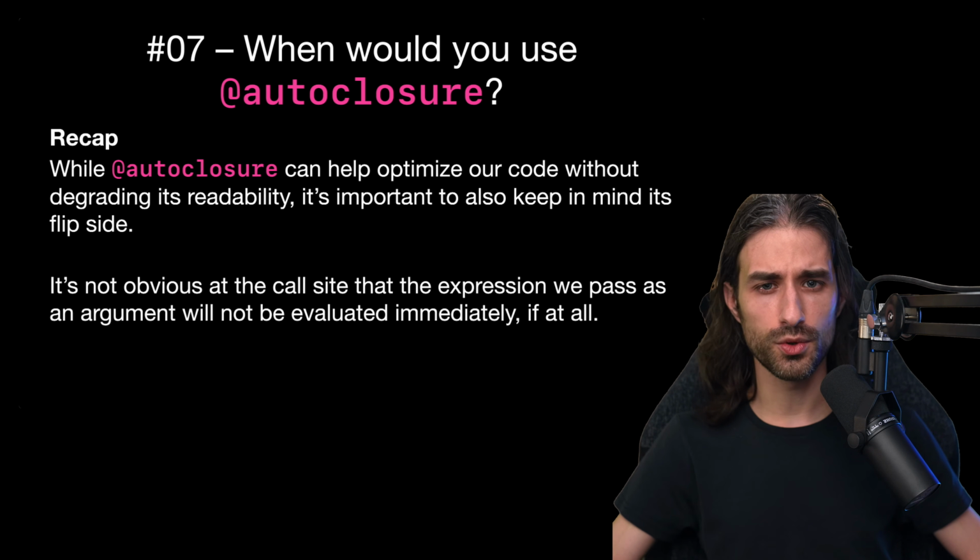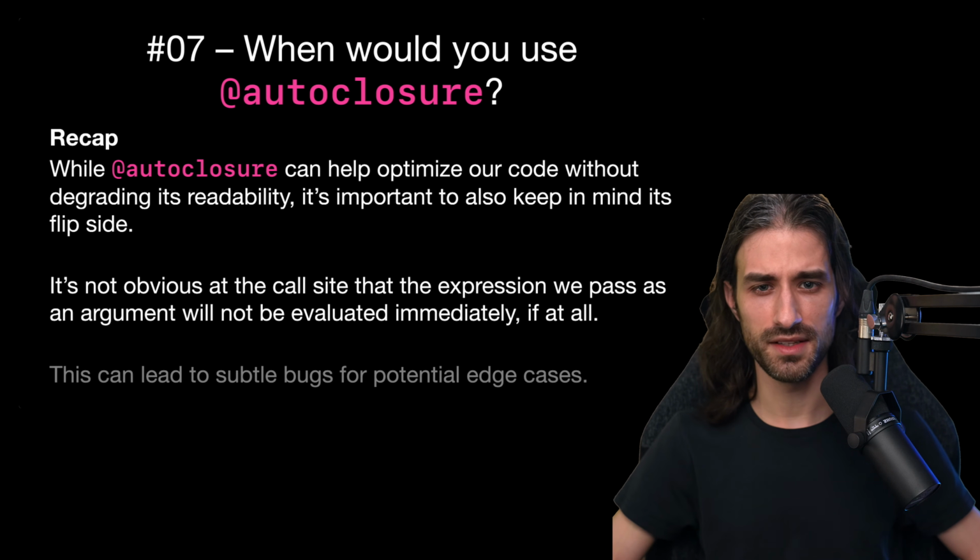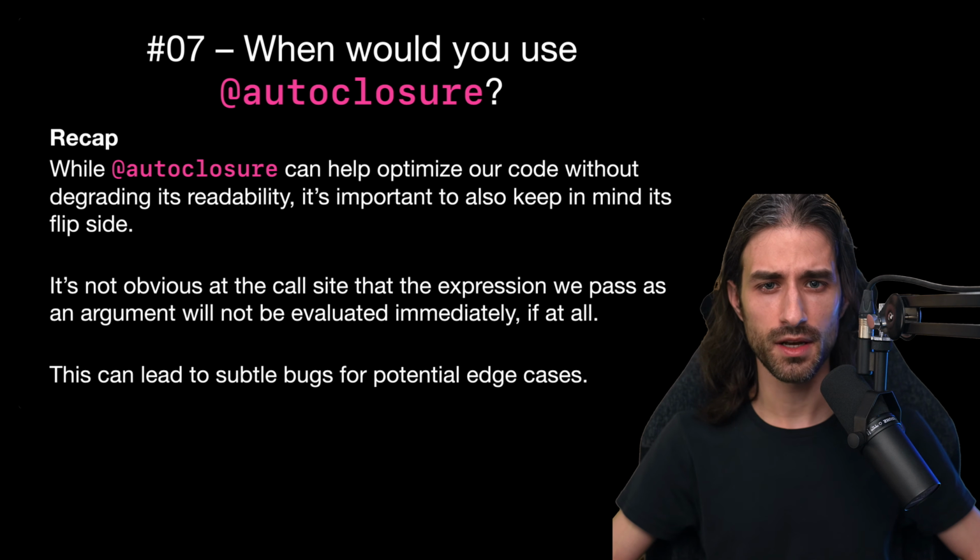In the case of AutoClosure, it's not obvious at the call site that the expression will be wrapped inside a closure, and so will not be evaluated immediately, if at all. And it's important to keep this in mind because it could lead to subtle bugs in potential edge cases, like, for instance, if we pass as an argument an expression that also carries out a side effect.